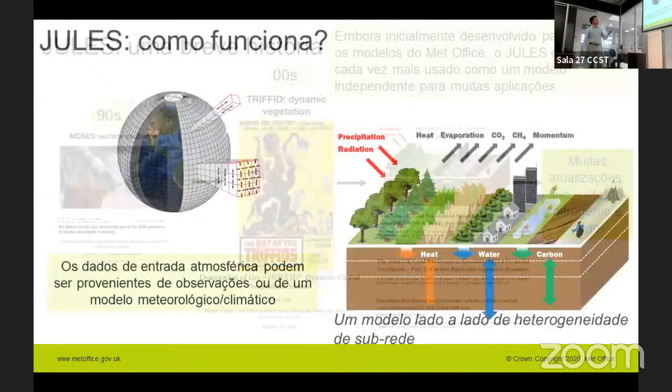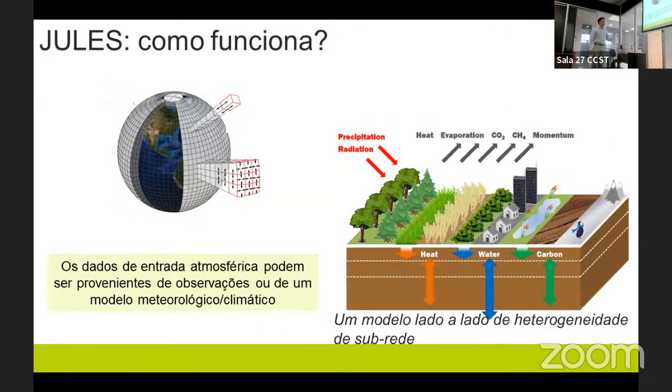Right. So how does JULES function? It's a representation of the subgrid heterogeneity. So what is going on in this grid cell, and we try to represent that in a few ways. It's a model driven by precipitation and radiation, so it's an energy and water driven model, and you've essentially got these tiles within the subgrid.